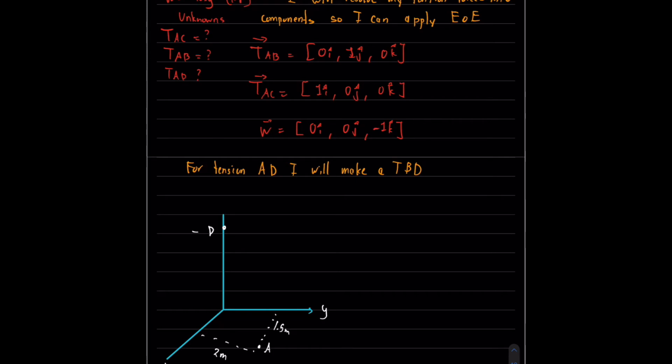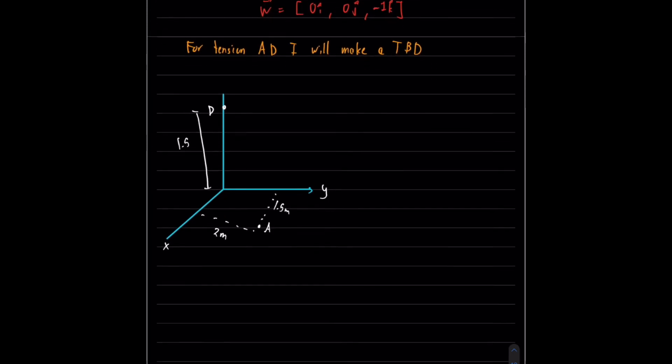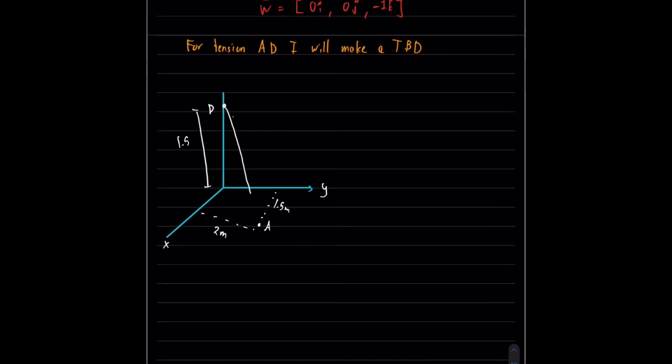And it was 1.5 meters in the z direction. Now, connecting these two. I'm going to solve for the components of the tension AD using position vectors, because my end goal is to find the components in the x direction, y direction, and the z direction of the tension.